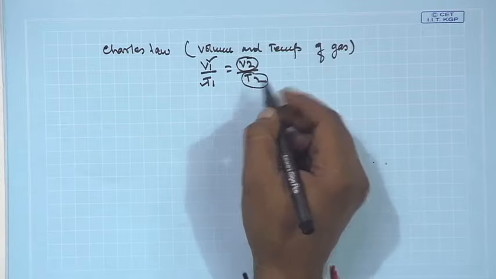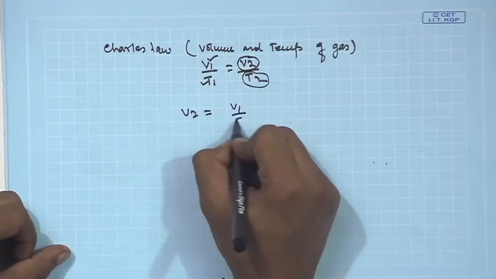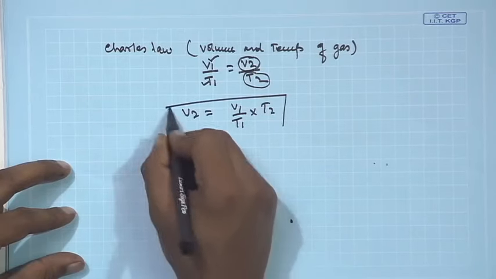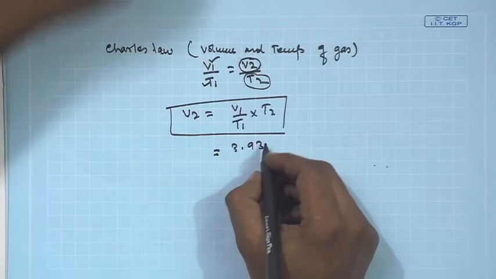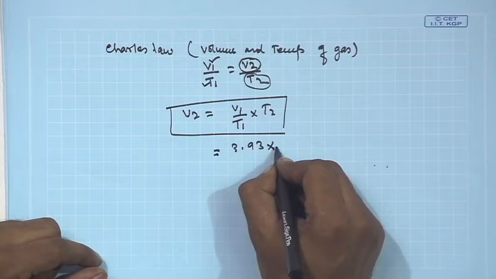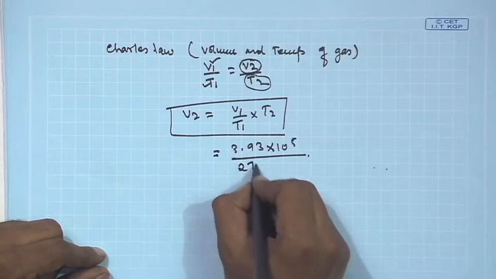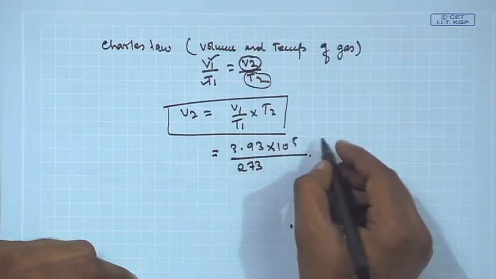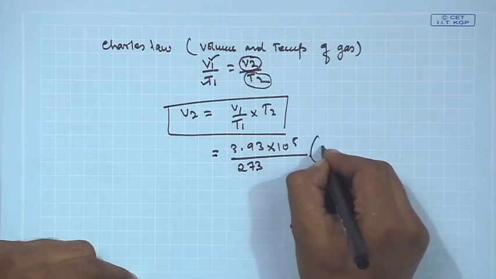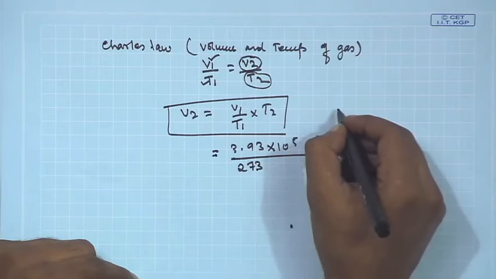Rearranging, V2 is equal to V1 into T2 by T1. V1 is 3.93 into 10 to the power 5, T1 is 273 Kelvin at standard temperature, and T2 is 273 plus 30, converting degree Celsius into Kelvin.